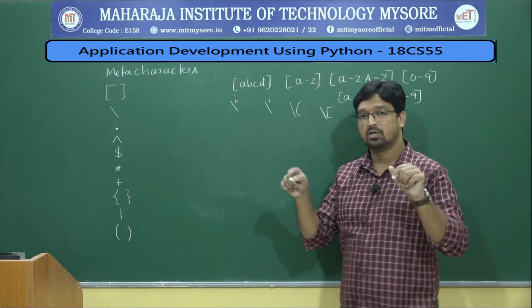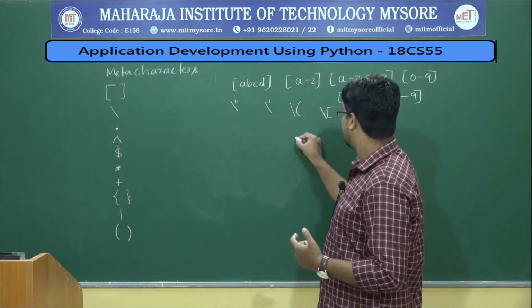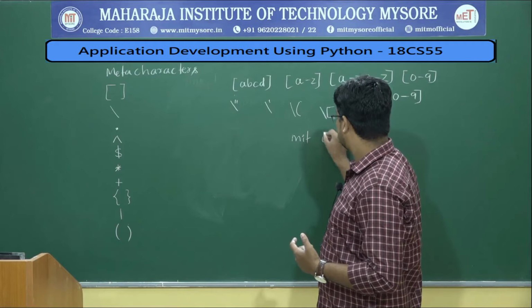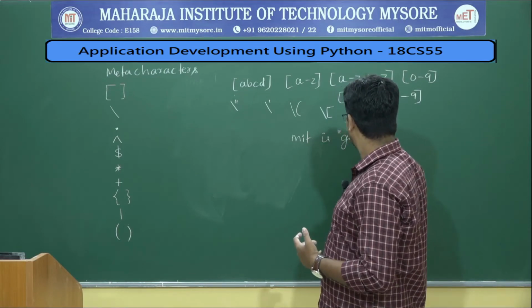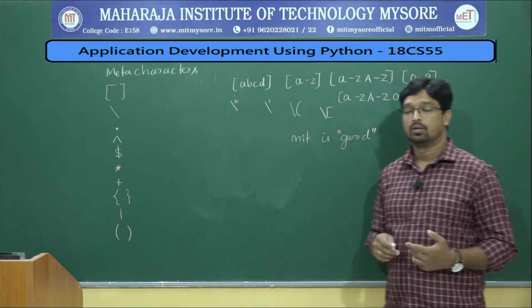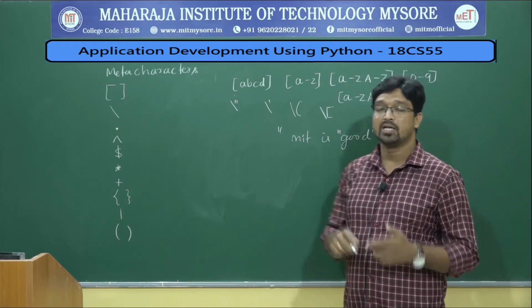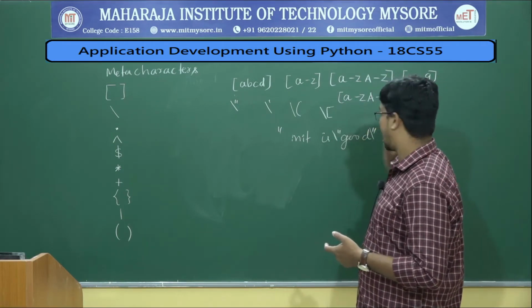If you enclose any string with double quote, then obviously, let us write "MIT is good". Let us say I want to mention "good" in double quote, but the whole string is also in double quote. How do you match the double quote? The double quote can be matched using a backslash character.